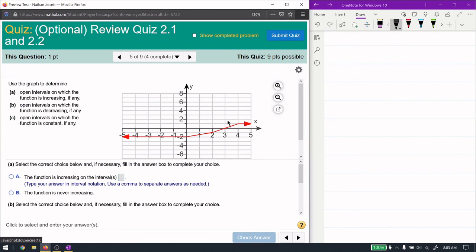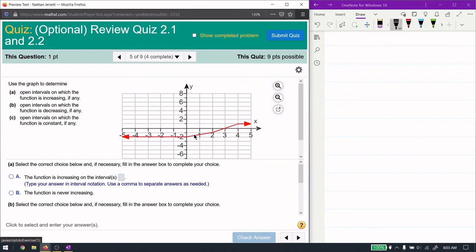It doesn't matter that it changes how fast it goes up. All we care about is it rising or falling. So in this interval here, from x equal to 0 and x equal to 4, we have an increase in the graph. We do not worry about the y values here.